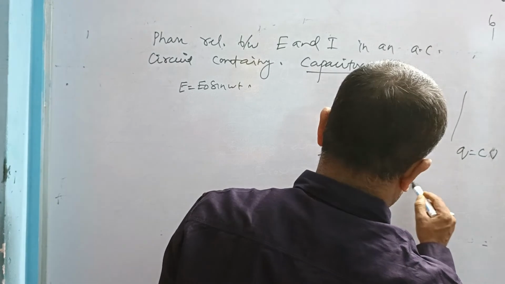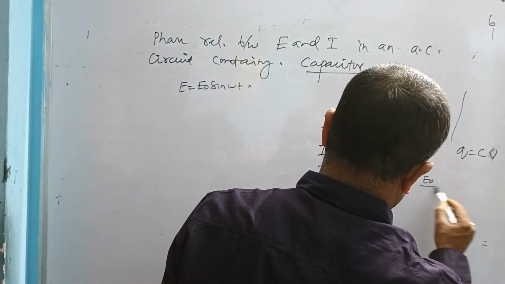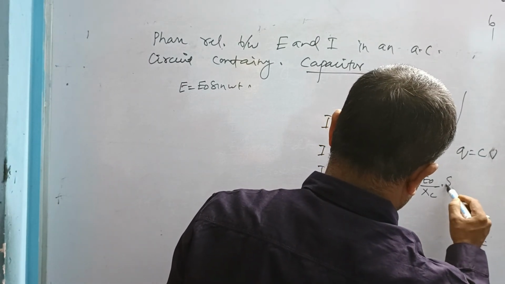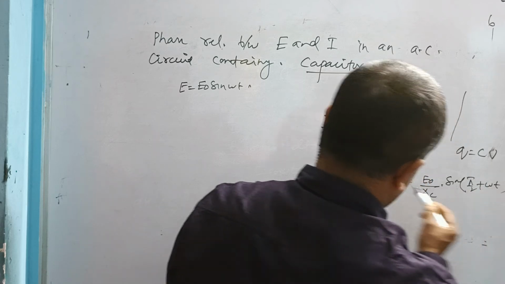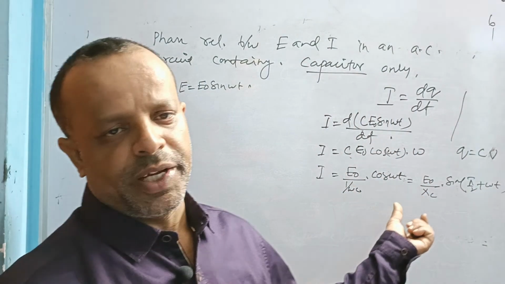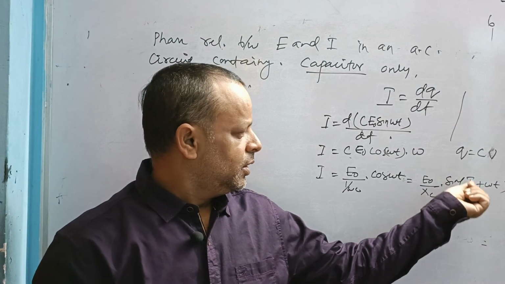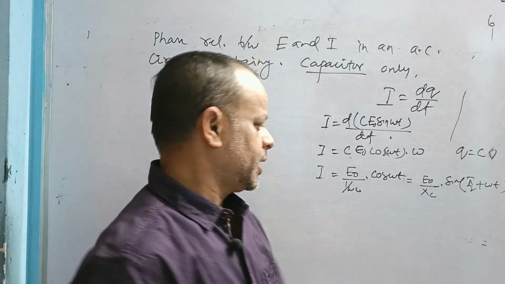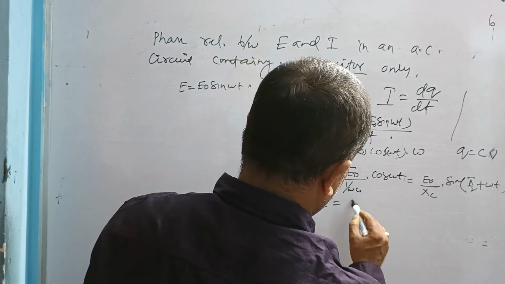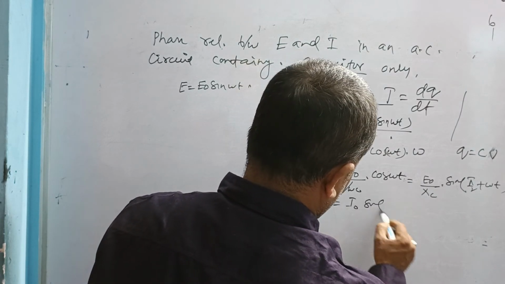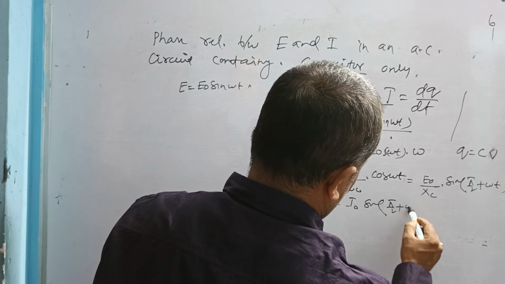So what we are getting, this is E naught, this is XC, this is sine pi by 2 plus omega t. Cos omega t can be written out like sine pi by 2 plus omega t. So what we have, this is I, this is I naught, this is sine pi by 2 plus omega t.